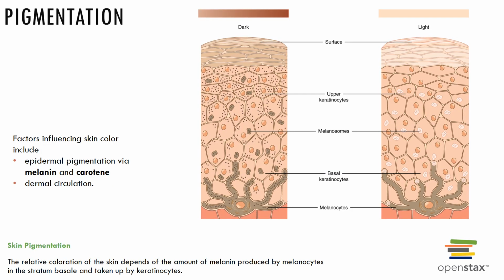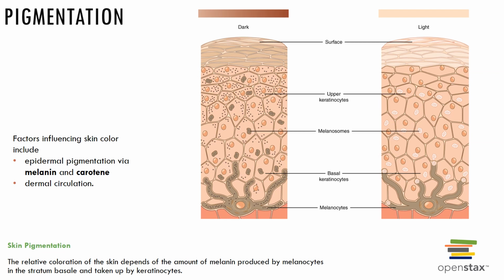Now, our skin color results from different pigments. There's 3 pigments that contribute to skin color: melanin, keratin, and hemoglobin. Melanin has variations in hue and intensity from reddish brown to yellow brown to brown black to black, and is responsible for darker skin colors.